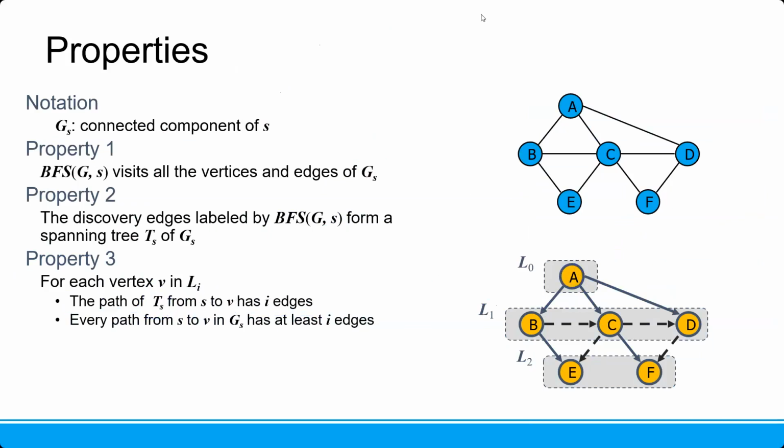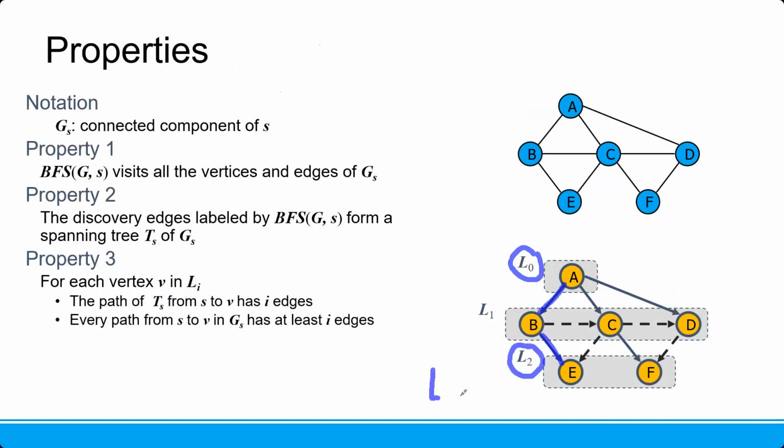One more time: the path in the tree Ts from S to V has i edges. If i is 1, there will be 1 edge. How about if I go from L0 to L2? There will be 2 edges, and so on.